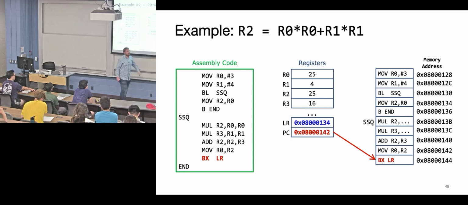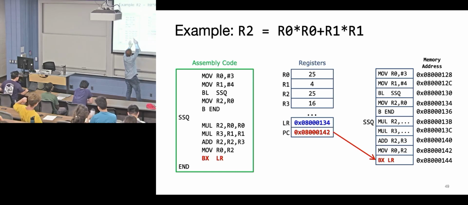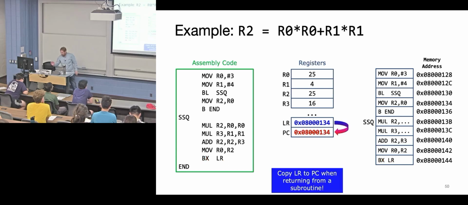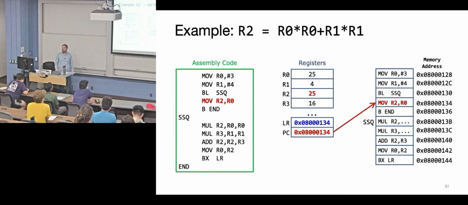Right? Because its goal is to go back to this memory location. We're exiting this function, so we have to go back to the next instruction after we call that function. So that's to move R2 to R0, and it's going to take this value and place it there. And then we exit out. That's just the process of exiting. Now we're going to go and execute that instruction.